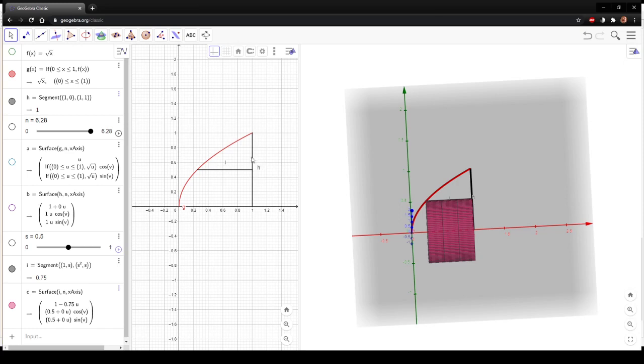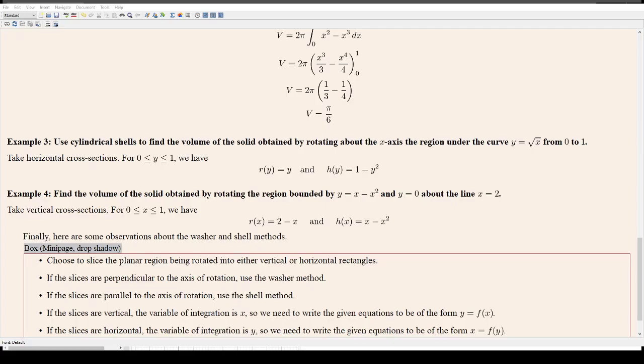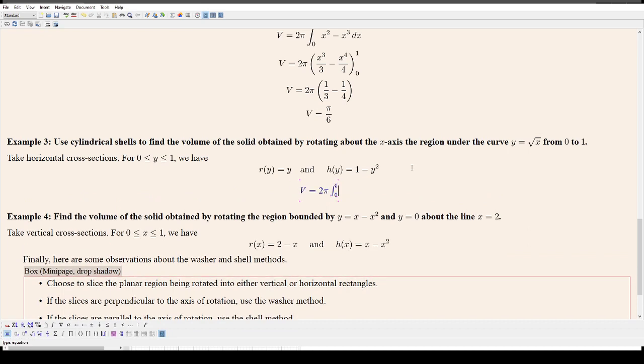So it's going to be 1 minus y squared. Remembering, of course, that everything has to be written in terms of y here. And that's exactly what I have. Yep. So y and 1 minus y squared. So r times h.